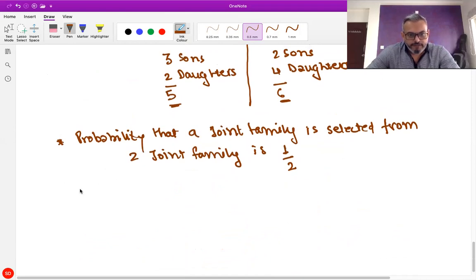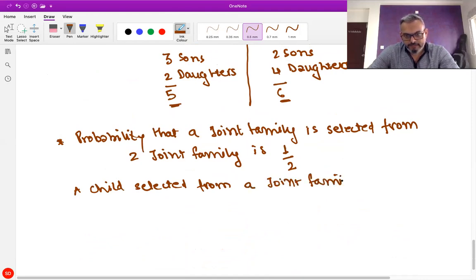So a child selected from a joint family is a girl.